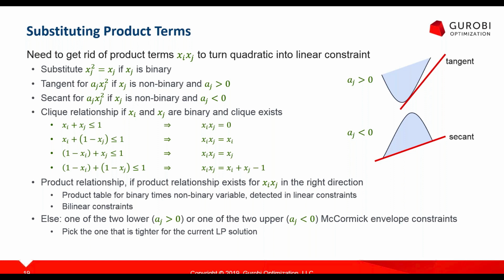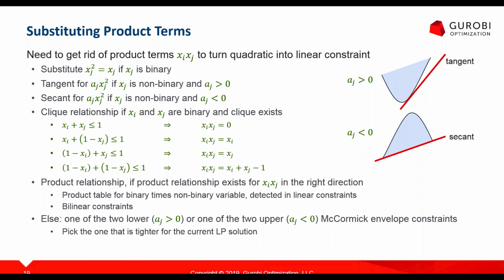And we use the tangent exactly at that point where our current LP solution is. That means the tangent in the current LP solution has exactly the same value as the quadratic term, which means that in terms of activity of the resulting cutting plane, we don't lose anything.